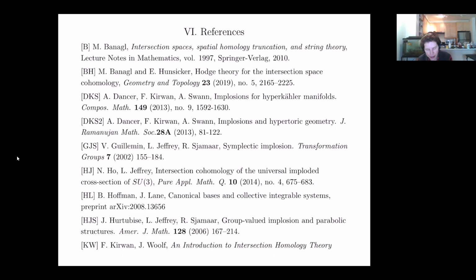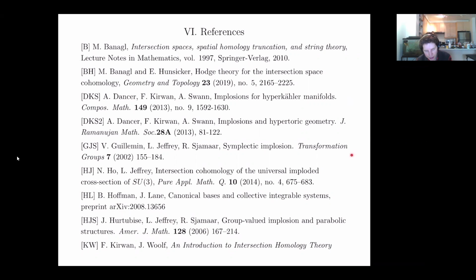The papers by Benagel and Benagel-Hunziker are these ones. And I mentioned the work of Denser and Swan. There are more papers on these subjects.